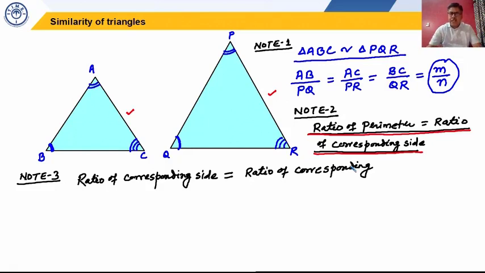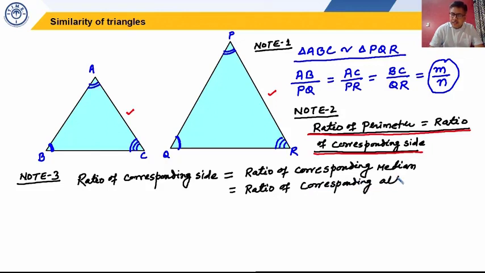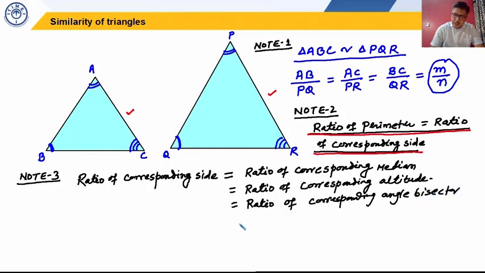So ratio of corresponding side is equal to ratio of corresponding median is equal to ratio of corresponding altitude, is equal to ratio of corresponding angle bisector, is equal to ratio of inradius.